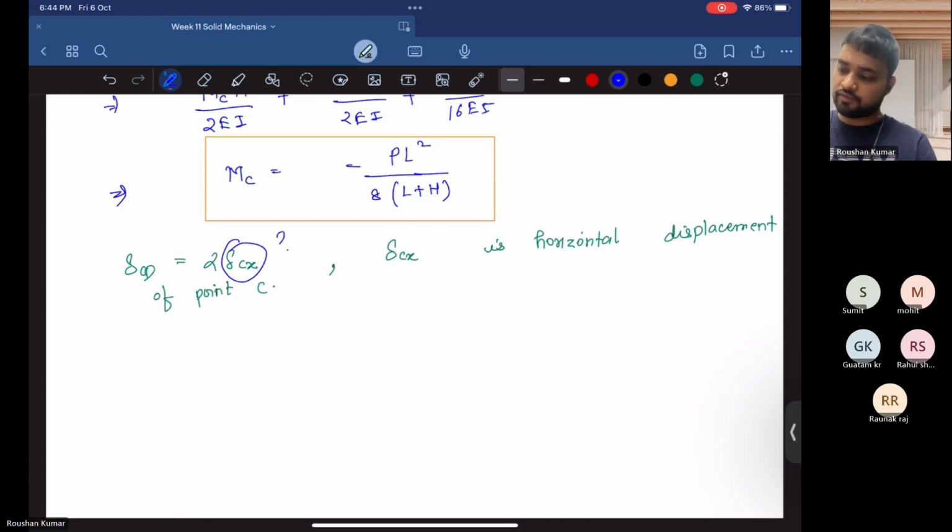We can use the Castigliano theorem to find the deflection. Delta Cx is given by the derivative of the total energy with respect to the shear force at C. Vc here is already 0, but we take the derivative with respect to Vc assuming it is present, and after taking the derivative we forcefully put the value equal to 0.